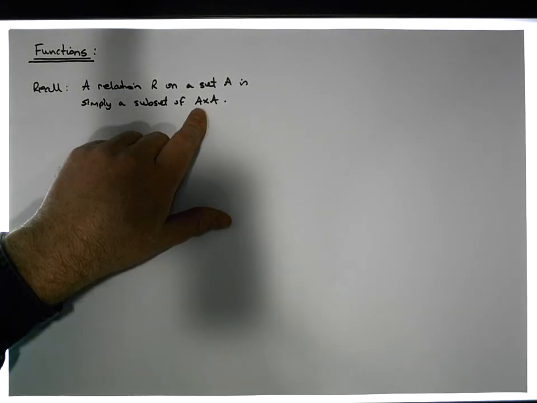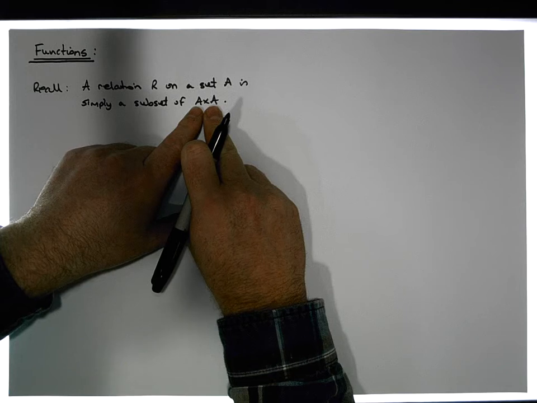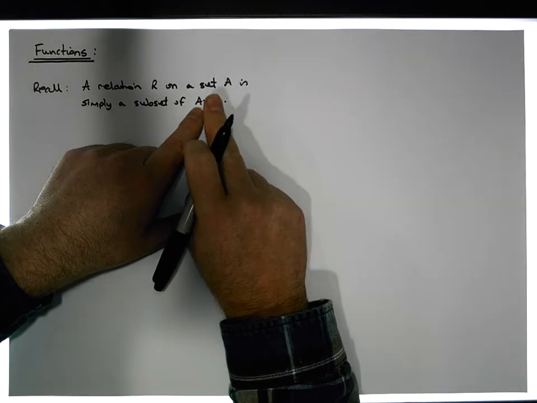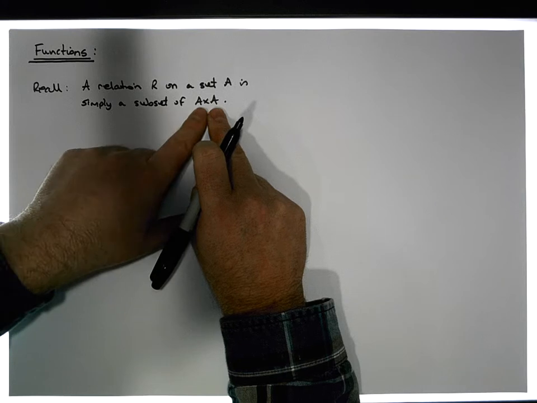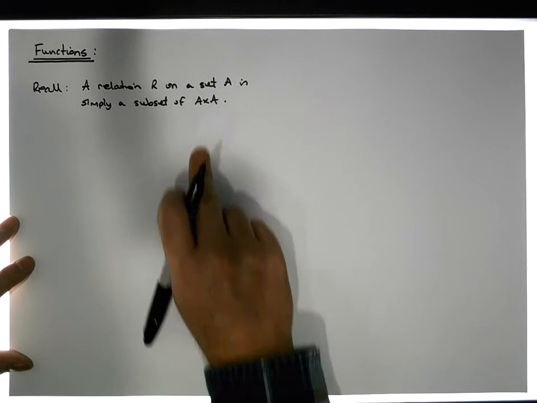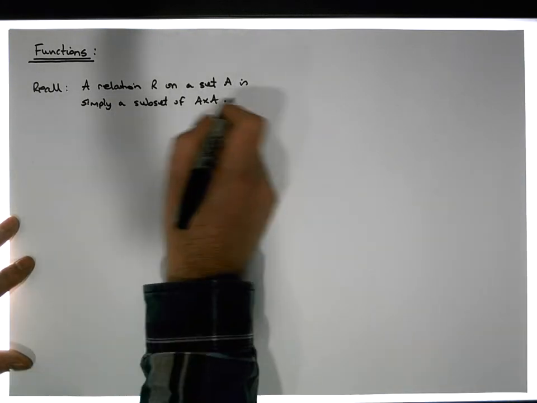Now it doesn't have to be the same set. We could have A cross B where B is different to A. But basically any subset of a cross product is what's defined to be a relation. So maybe we should actually do that now.